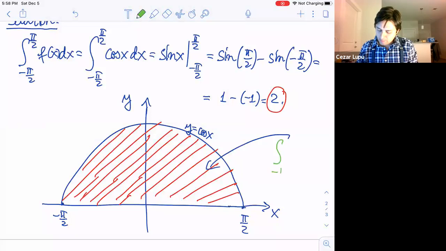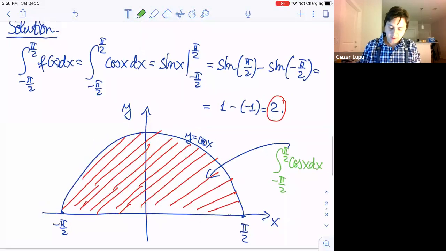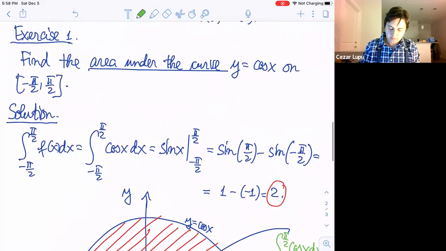So this is the integral from negative pi over 2 to pi over 2 of cosine of x dx, right? And the area is 2. All right. So this is the first one.